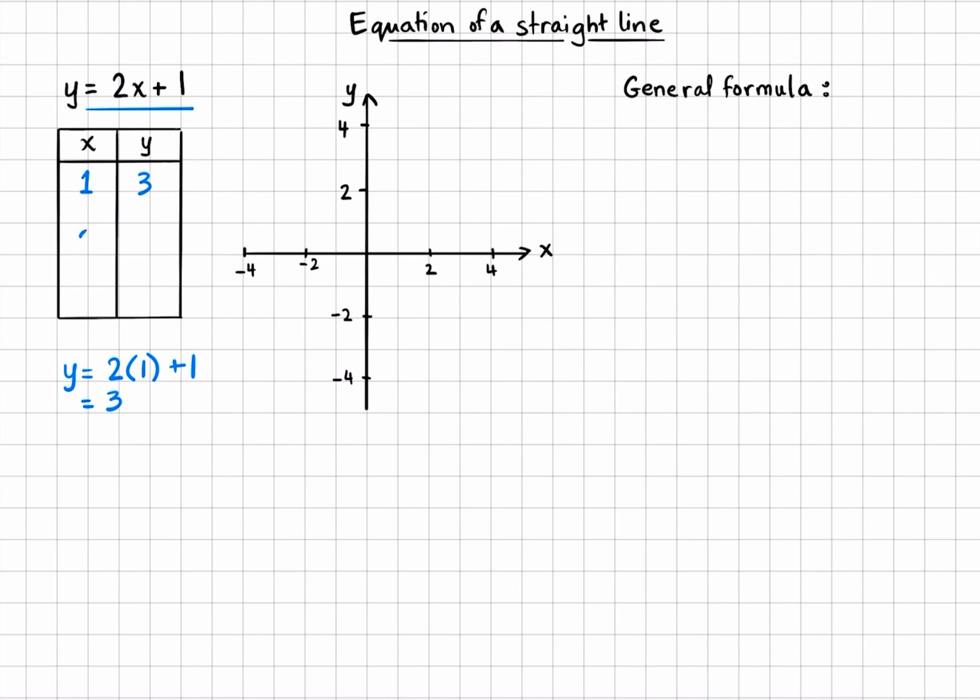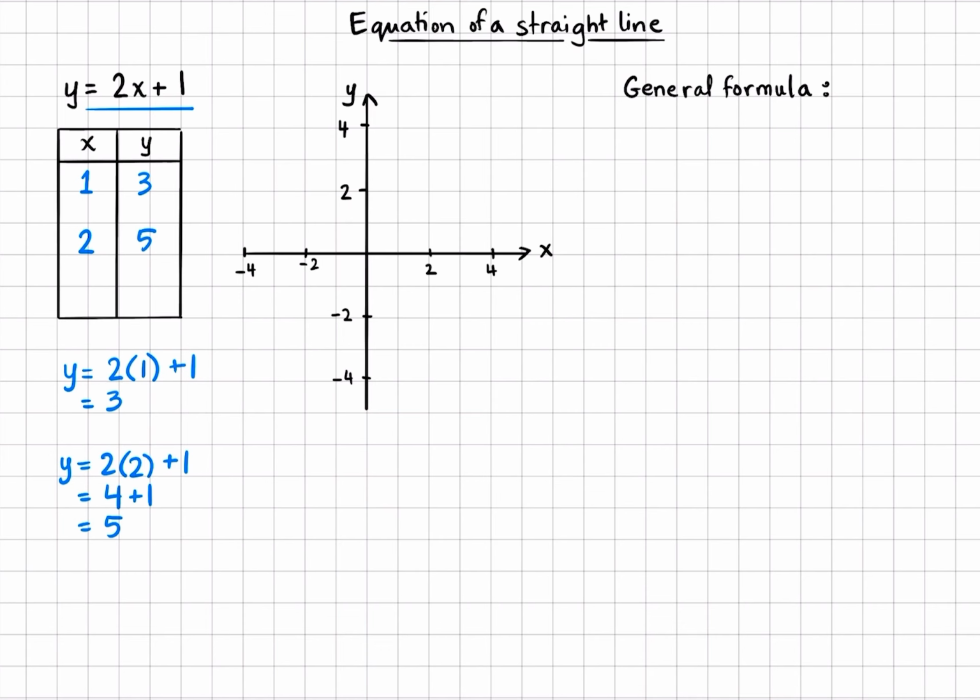Then I'm going to say, okay, what if x equals 2? In this case, y equals 2 multiplied by 2 plus 1, which is 4 plus 1, which is 5. So when x equals 2, y equals 5. And these are my 2 coordinates. I'm going to plot these on the graph.